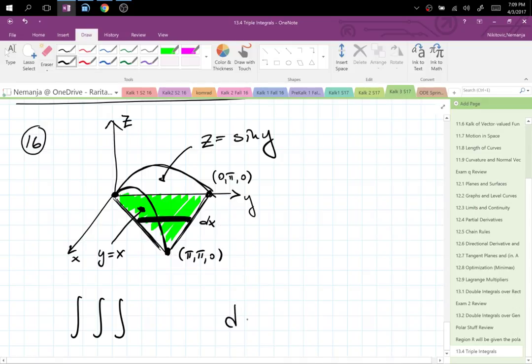Which means dx goes on the outside. Let me extend this a little bit. Over here is pi. This delta x would be swiping all of this between 0 to pi.